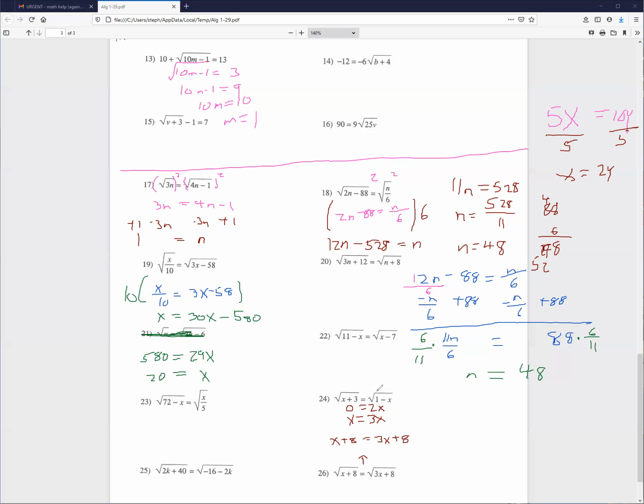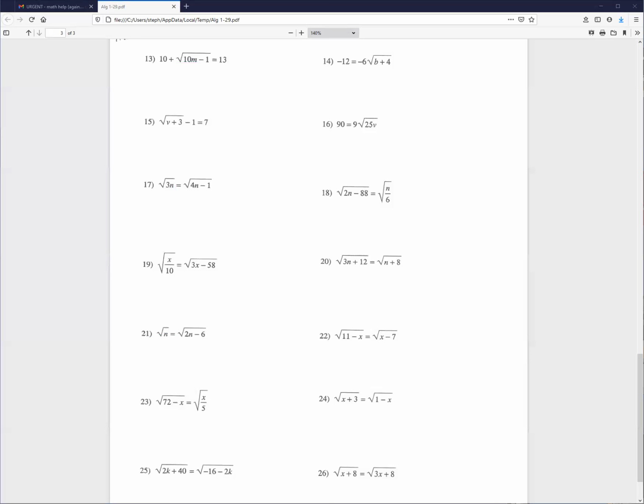And if I divide both sides by 2, I get x equals 0. Does that check out? Well, if we put a 0 here, we get square root of 8 equals square root of 8. So yeah, that seems to work just fine. So there is the process for solving some of these square root equations.